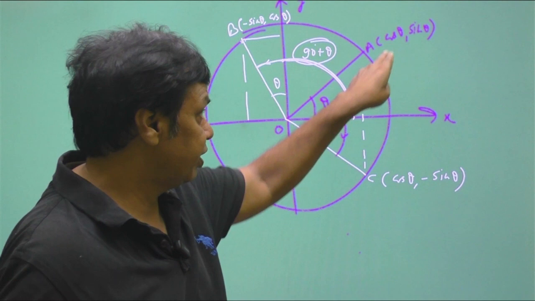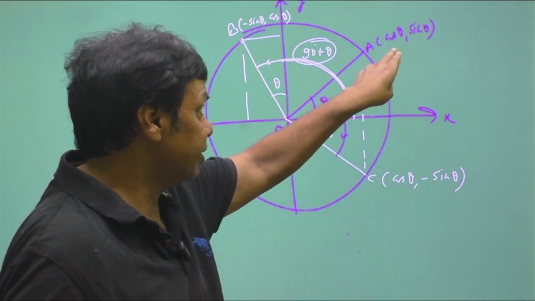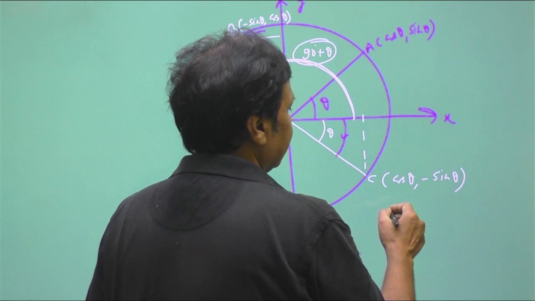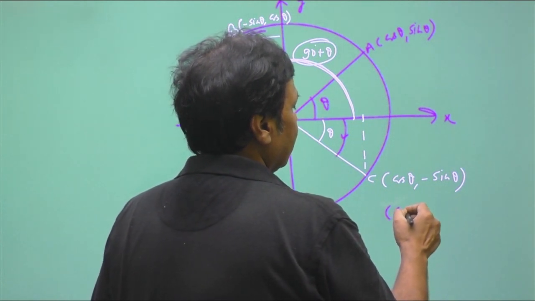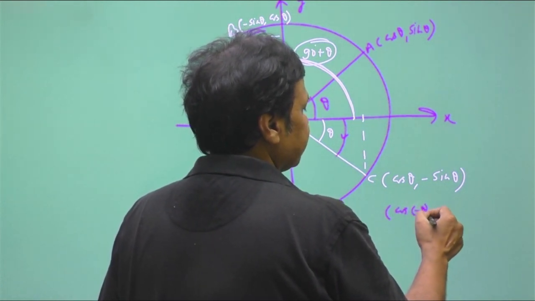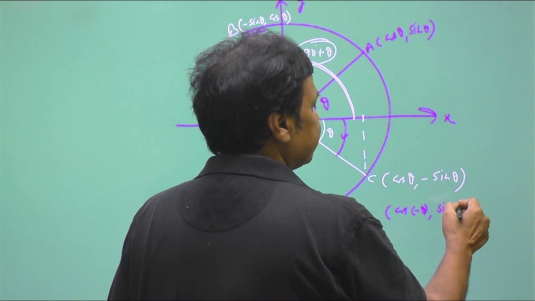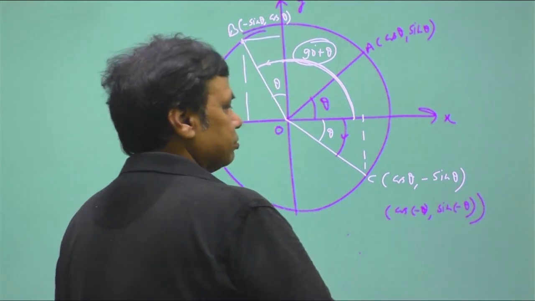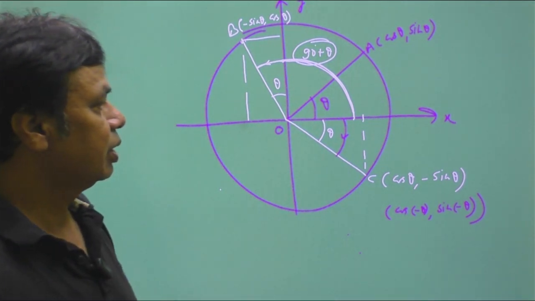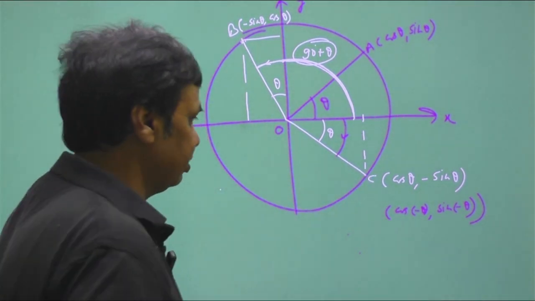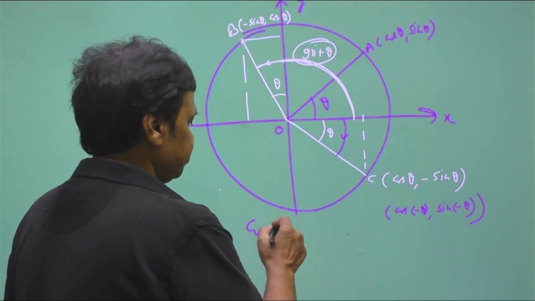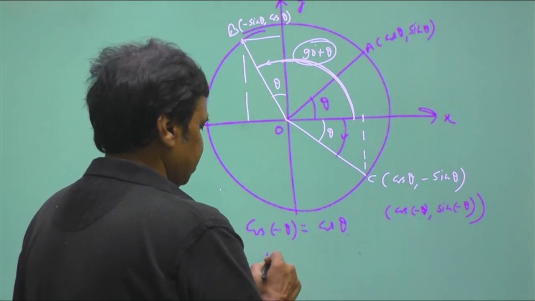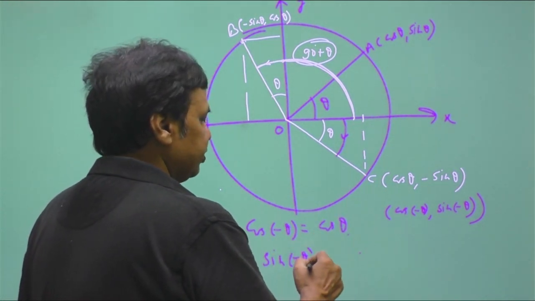So if you write things in this manner, its coordinates should have been cos minus theta and sin minus theta. And I got one more thing here, that cos minus theta is cos theta and sin minus theta is minus sin theta.